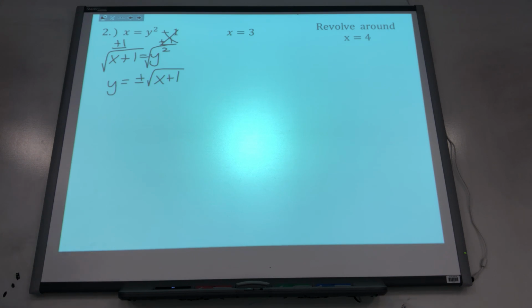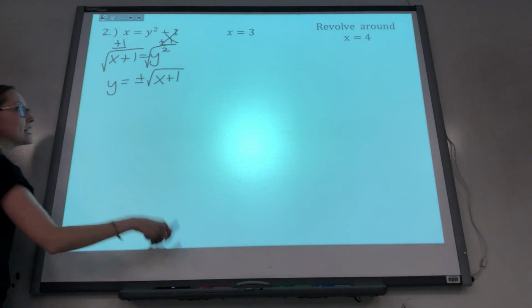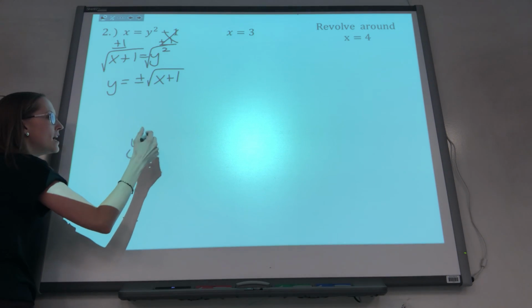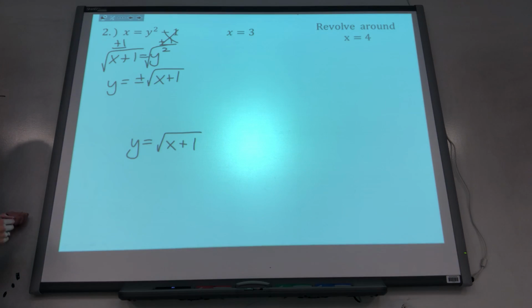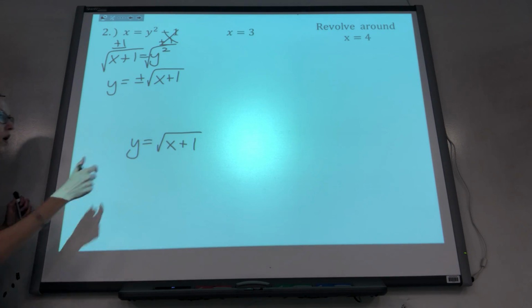Okie doke. Now, I may just recopy that function off to the side. When you go to graph this, you could probably figure out what the graph looks like without your calculator, or if you do still use your calculator, one of your functions can be just the square root of x plus 1.